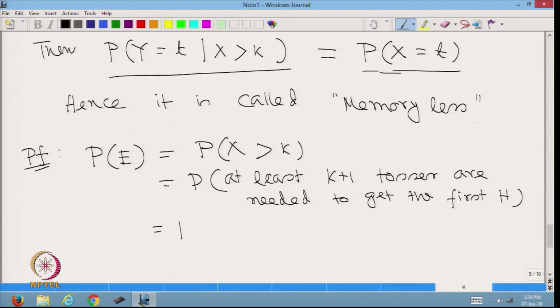That is equal to p q to the power k, meaning we need k plus 1 tosses to get the first head, plus p q to the power k plus 1, denoting that we need k plus 2 tosses to get the first head, and so on, where n is greater than k and n is going to infinity.